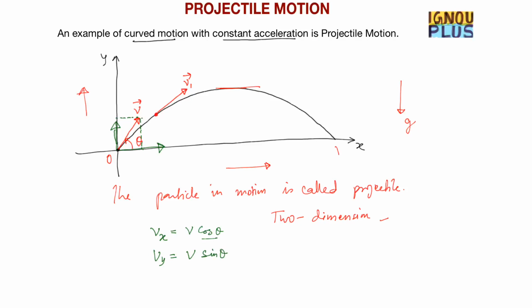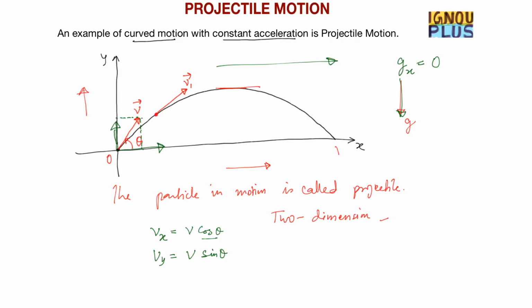Also, it is important to note that acceleration works only in the y-axis because it is downward. So it only works in the y-axis. For the horizontal, the x-axis, the horizontal component of g is actually 0, because there is no acceleration in the horizontal direction.